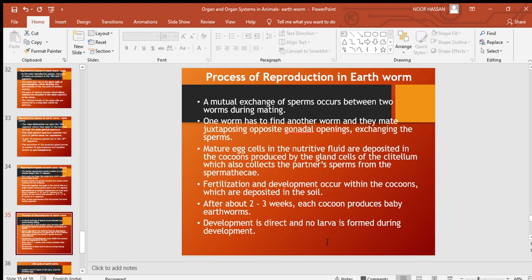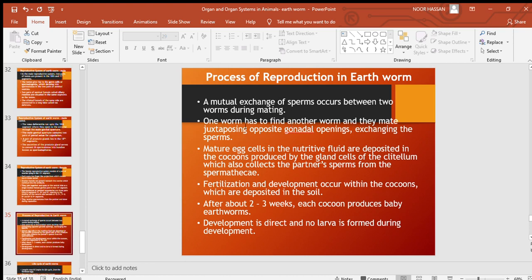A mutual exchange of sperms occurs between two worms during mating. Though both the sex organs are present in the same individual, it is always cross fertilization due to earlier maturation of the testis, as we discussed earlier.